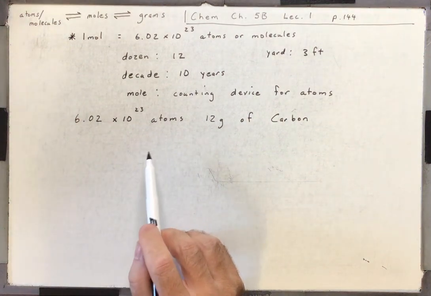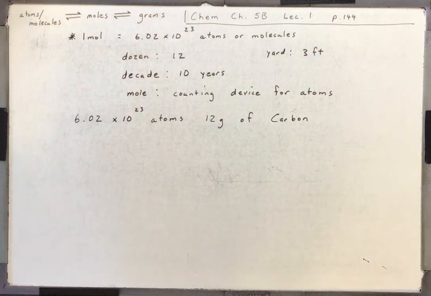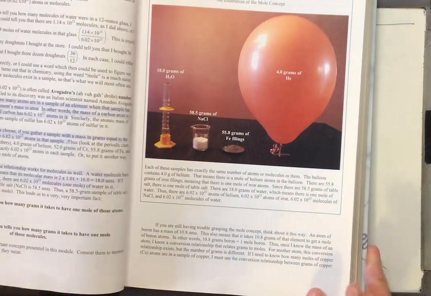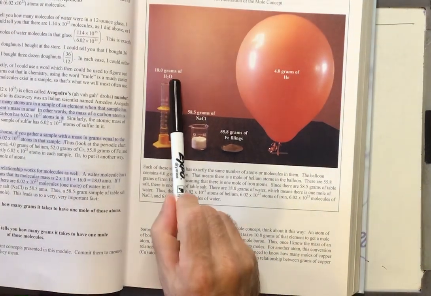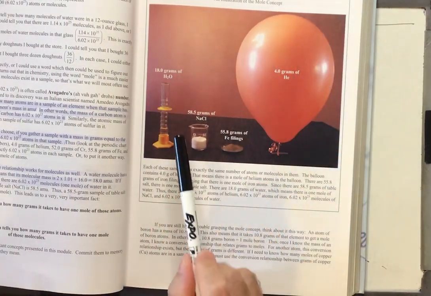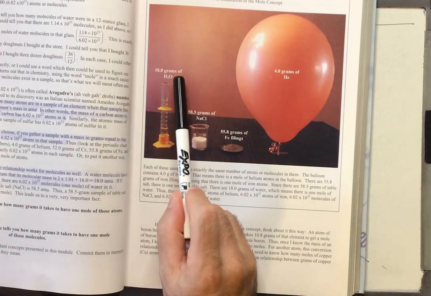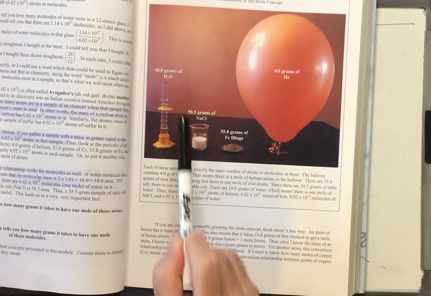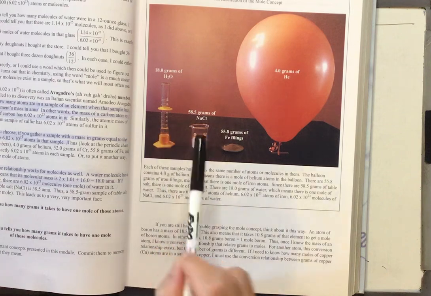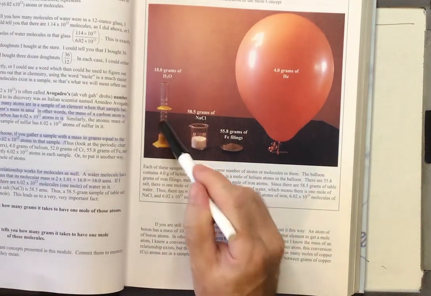1 mole, 2 moles, 3 moles. How much a mole is differs based on the element, because elements are lighter and heavier than each other. When I'm in class, in 18 grams, this is on page 147, in 18 grams of water, that's this right here. I don't know how well you can see it in this graduated cylinder.